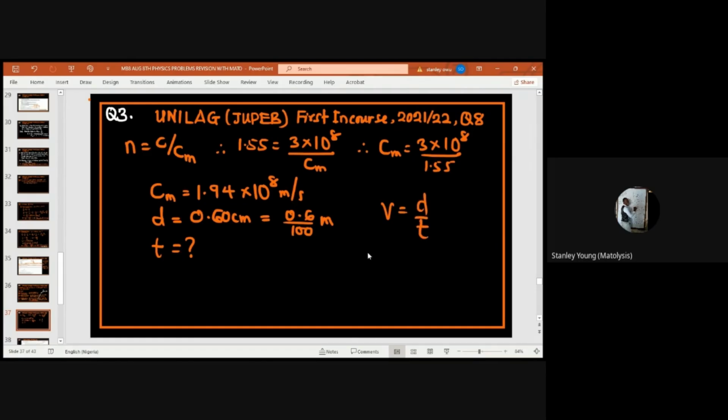So the distance is going to be equal to velocity times time. Let's make the time the subject. T is going to be equal to d over v. So that's 0.6 over 100 divided by v, which is c in this case, 1.94 times 10 to the 8.